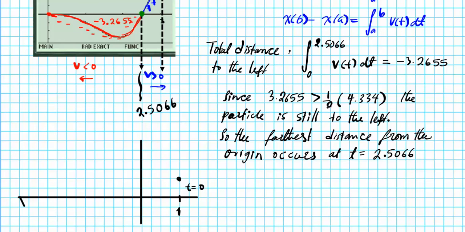Then what happened? The object started to travel in the left direction. How do we know that the object started traveling in the left direction? If you take a look at the graph here, what does it show you? It shows you that the velocity is negative, so you're going in the left direction, so left, left, left, okay?